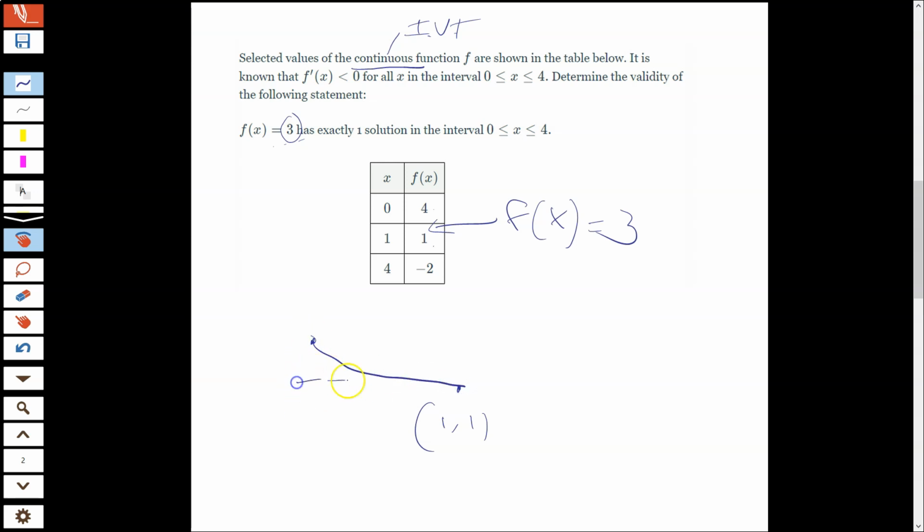And then 3 would have to be somewhere in between, right? So that's all we're saying. So this would be definitely true, and it's true because the intermediate value theorem applies. Easy as that. So no real math happening here, right? We're just checking to see that the function is continuous, and then checking to see that this y value has a place to live in the table between two y values that are given.